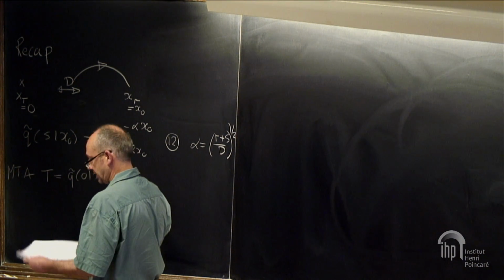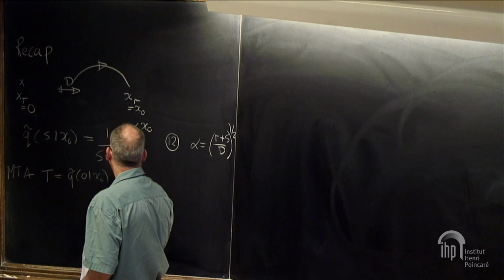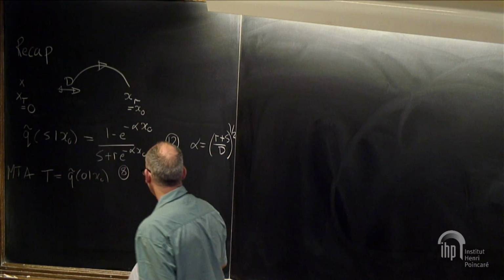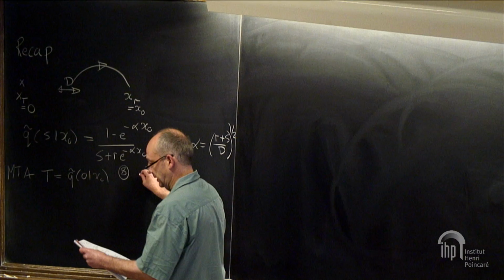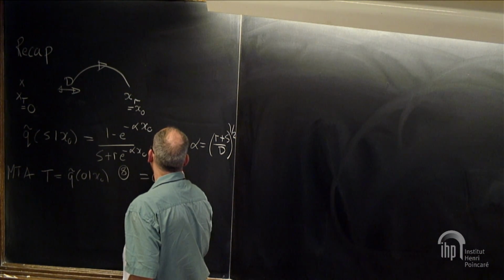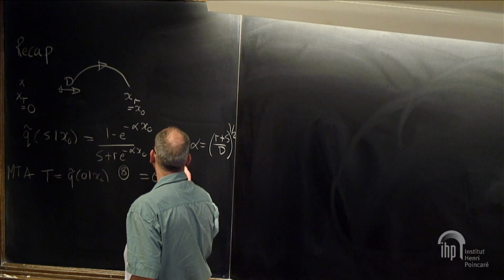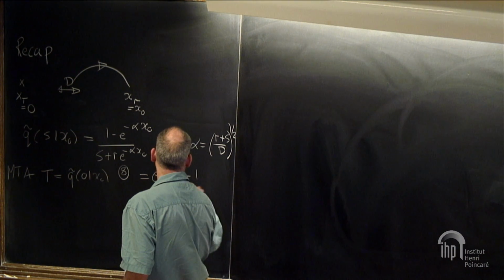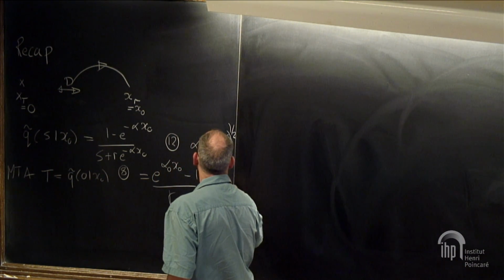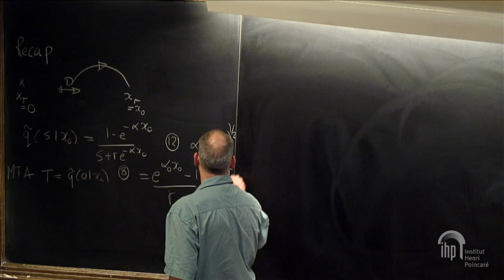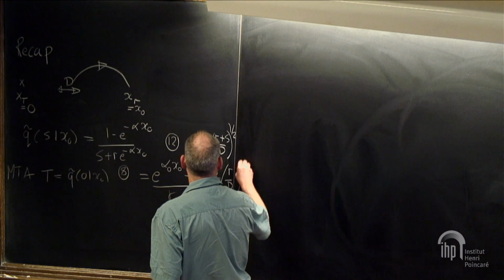So that was actually equation 8. And so putting s equals 0 in here, I get (e to the alpha naught x naught minus 1) over r. And alpha naught is (r over D) to the half.